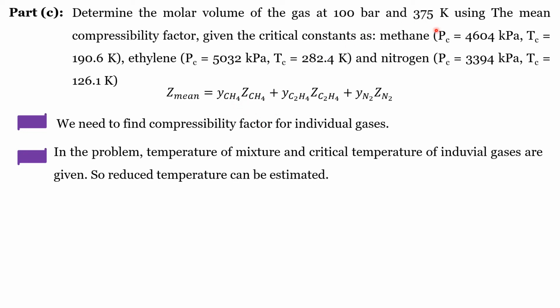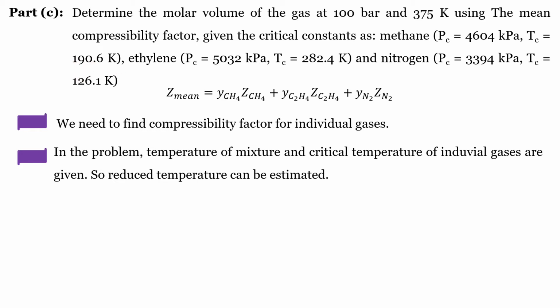So in the problem, temperature is given, that is 375 Kelvin, and individual critical temperature is also given. So for methane it's 190.6 Kelvin. So we can find out the value of reduced temperature for methane. So it will become given temperature divided by critical temperature of methane.